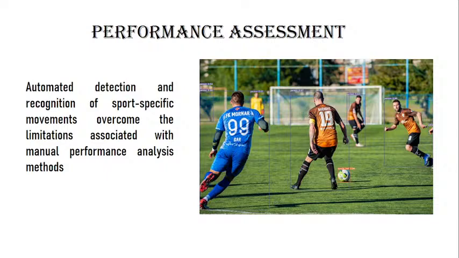We want to implement an automated detection system that recognizes sports specific movement, which overcomes the limitations associated with manual performance analysis methods, namely subjectivity, quantification and reproducibility. Here the computer vision data inputs can be used in combination with data from body worn sensors and wearable sensors.